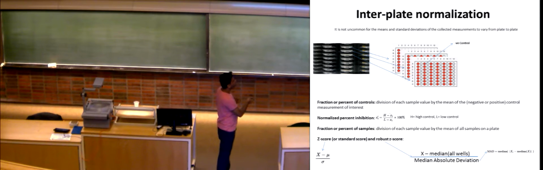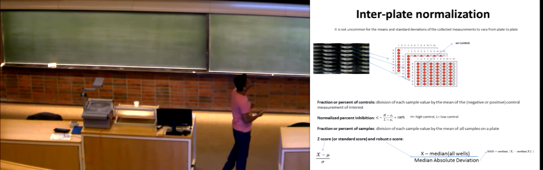The median absolute deviation is similar to the standard deviation, and the median is similar to the mean. You subtract the median from every value, and then take the median of those differences. That's the median absolute deviation.